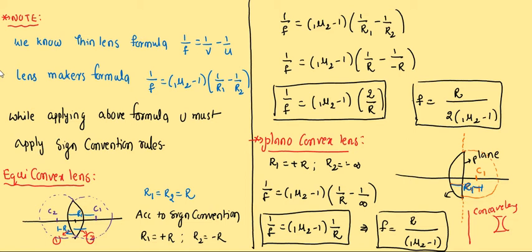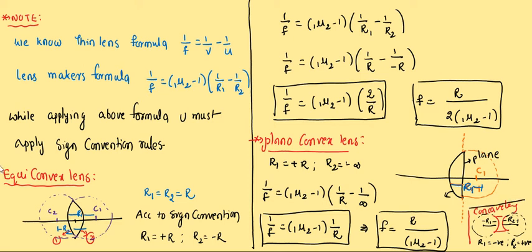This is the first surface, and R1 is on the left side. And R2 we get on the right side, for the second surface. That's where R2 you have to take as positive. That means in case of concave, R1 is negative and R2 is positive.